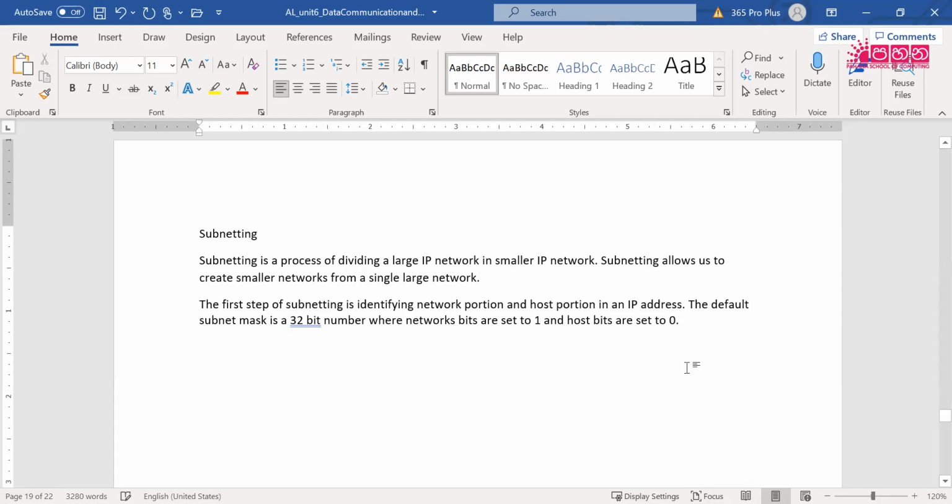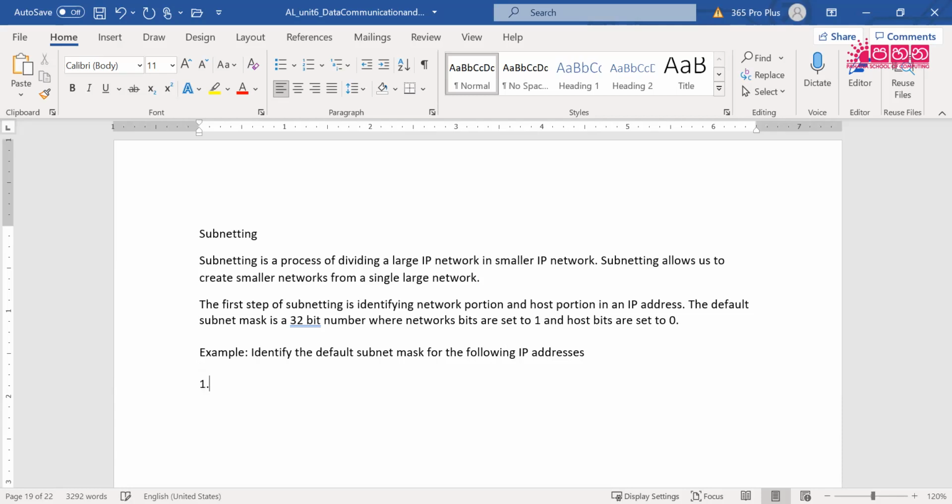Let me give you an example. Identify the default subnet mask for the following IP addresses.